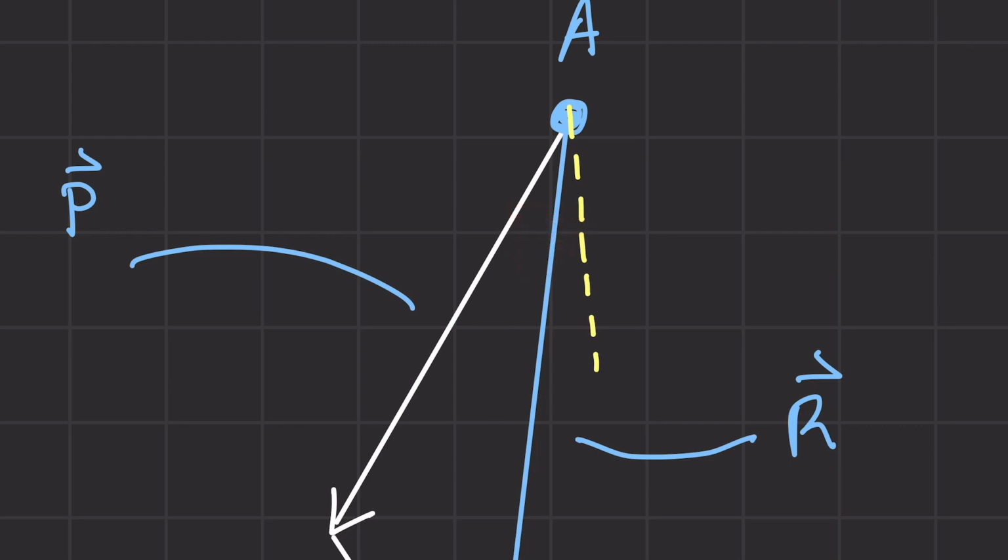However, that is not the angle between the resultant vector and P, which is this angle right here. So for the meantime, I'm going to label this angle alpha.